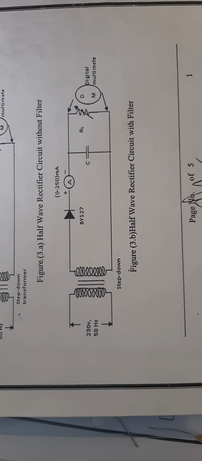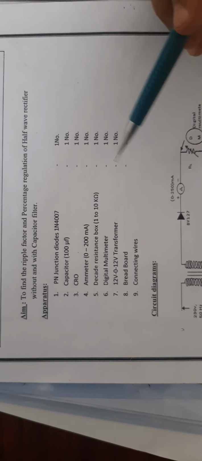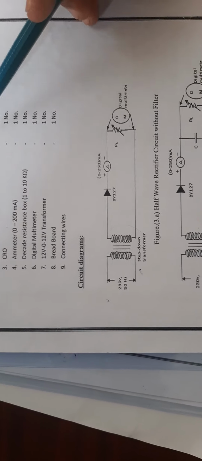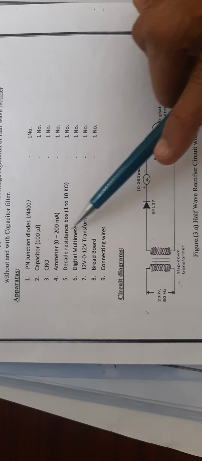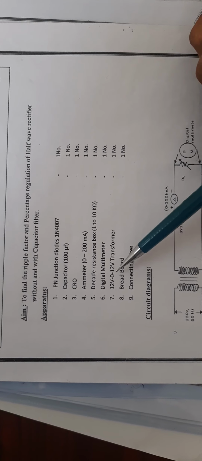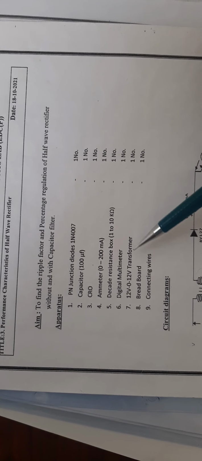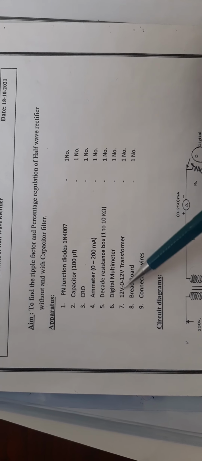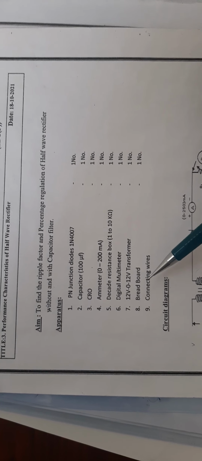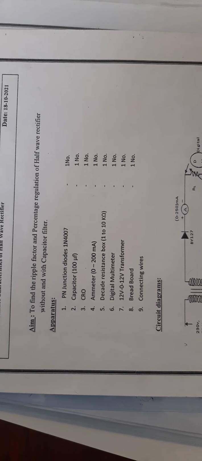The components that are required for performing this particular circuit: one is a step down transformer, you can see here in the concerned list, a 12-0-12 transformer, and one breadboard where you can stuff the concerned components and take the respective readings.